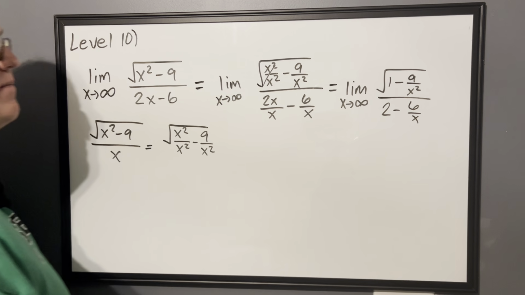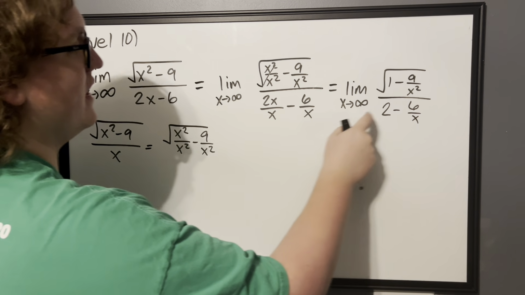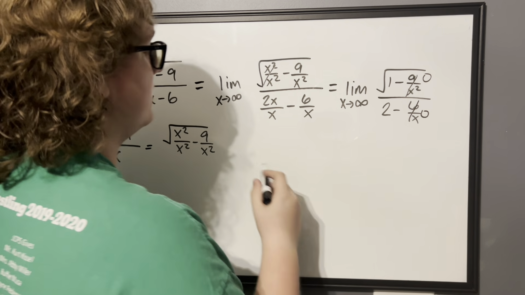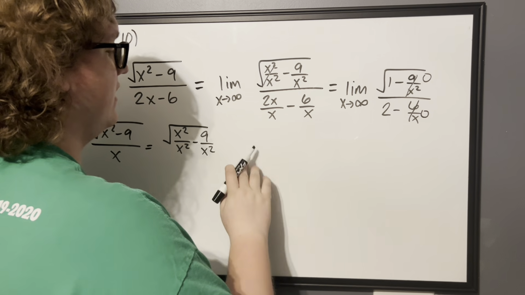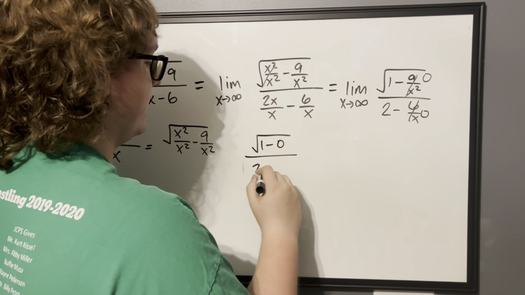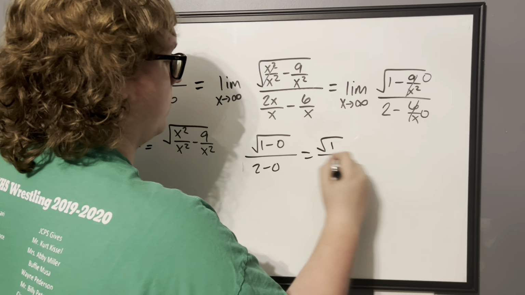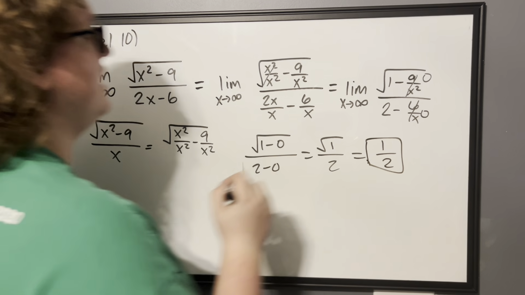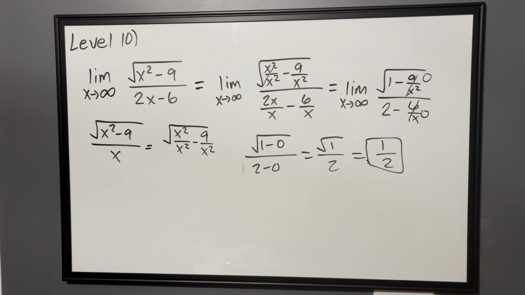And just like last time, when we plug in infinity, this is going to go to 0, and this is going to go to 0. So this is really just equal to the square root of 1 minus 0 over 2 minus 0, which is the square root of 1 over 2, which is 1/2. And that will be the answer for level 10.